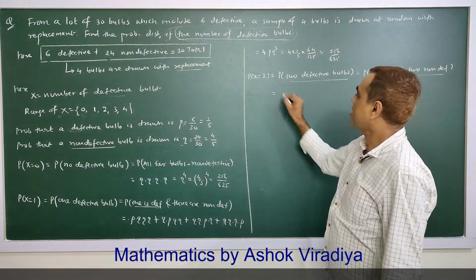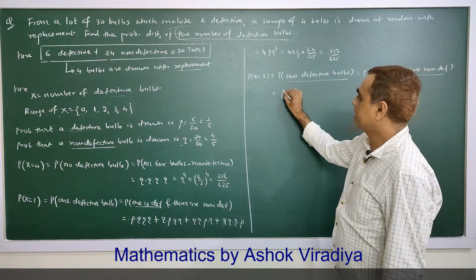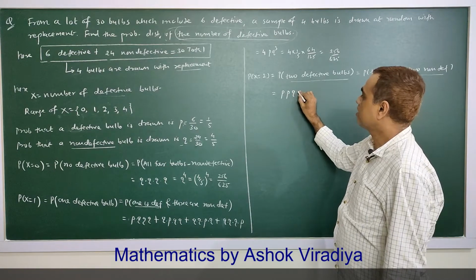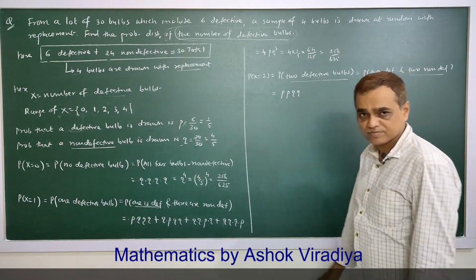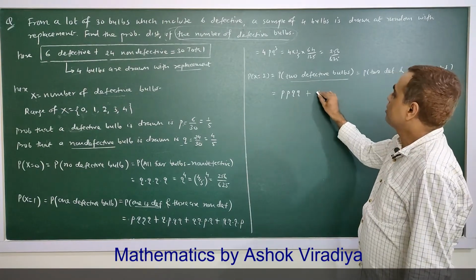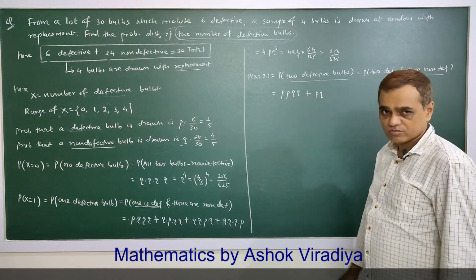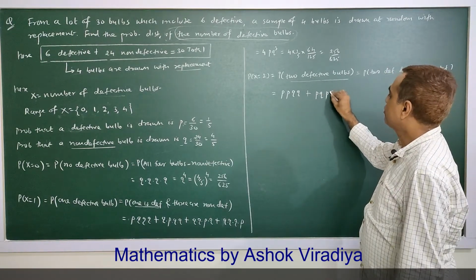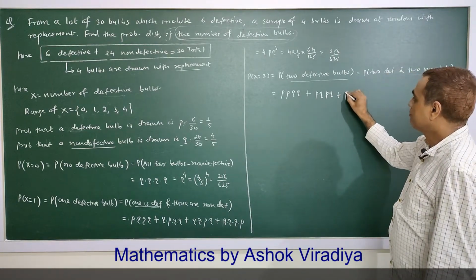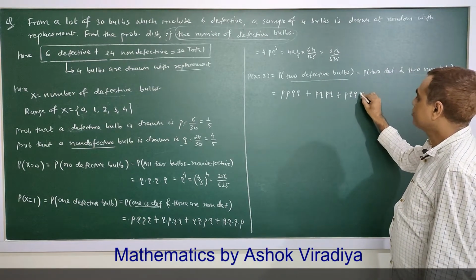So now see, 2 bulbs are defective. First defective, second defective, third non-defective, fourth non-defective. Or first is defective, second is non-defective, third is defective, fourth is non-defective. Or first is defective, non-defective, non-defective, defective.